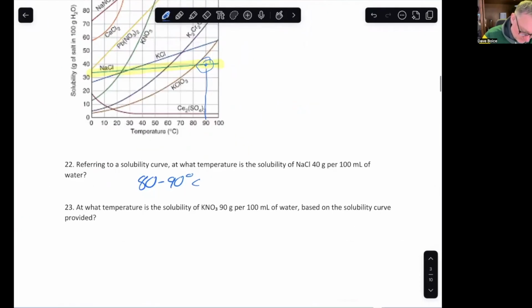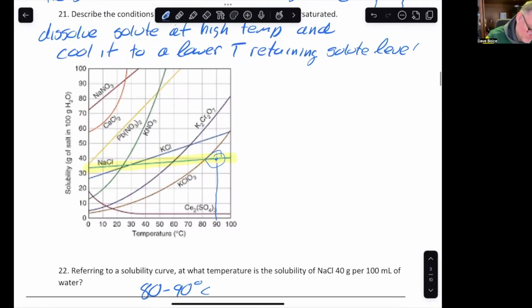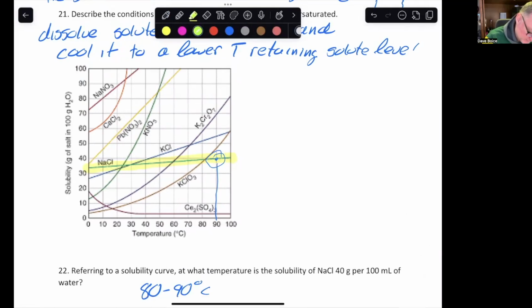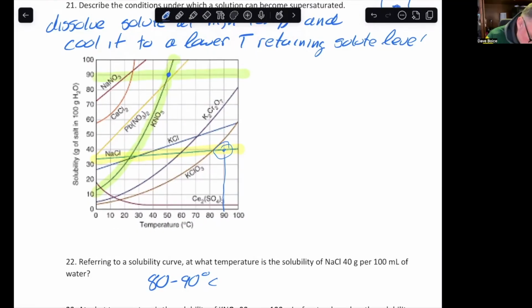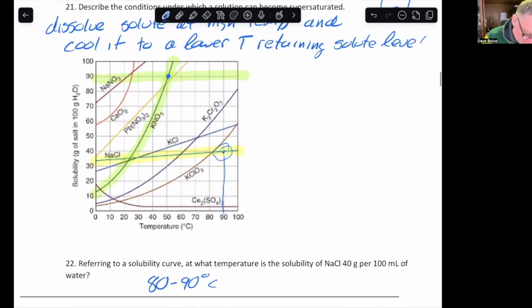Okay, at what temperature is the solubility of KNO3 90 grams per 100 milliliters of water based on the solubility curve? So KNO3, let's find that one. What we want to know is at what temperature.